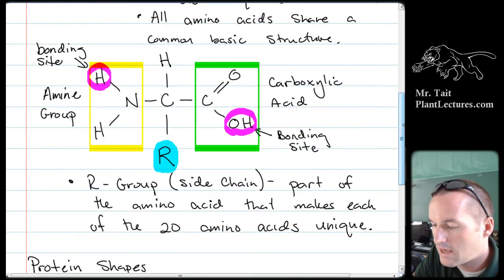Hydrogen bonding occurs anytime a hydrogen bonds to a nitrogen or an oxygen. Those are the only things that are in there, right? So where is the hydrogen bonding going to happen? In the carboxylic acid, on the oxygen.